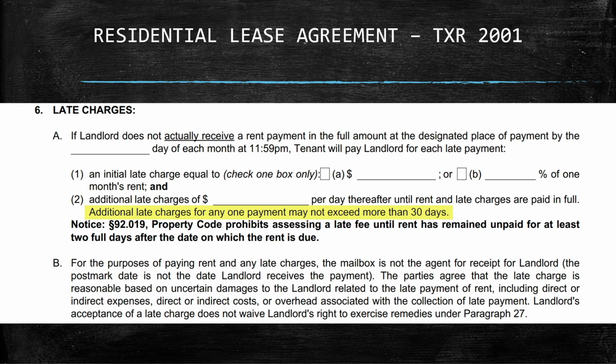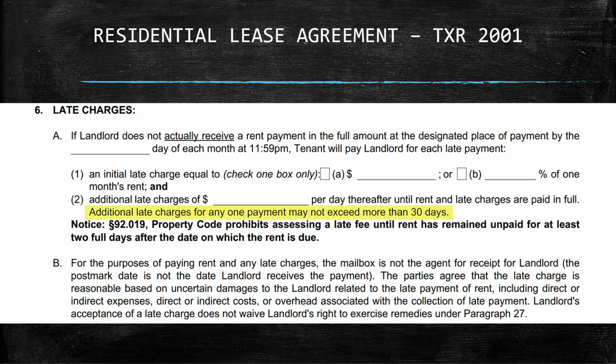Okay, so we've got a particular month. Let's say the rent was due on the 1st. We've got a 3-day grace period. 3 days comes and goes. At midnight plus 1 minute on the 4th day, the landlord is entitled to charge a late fee.